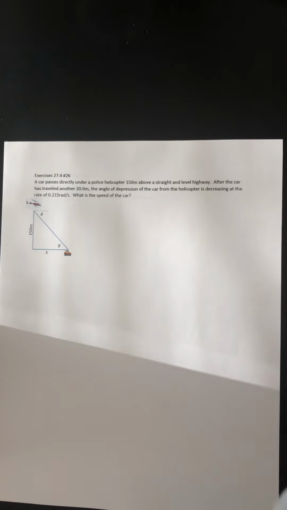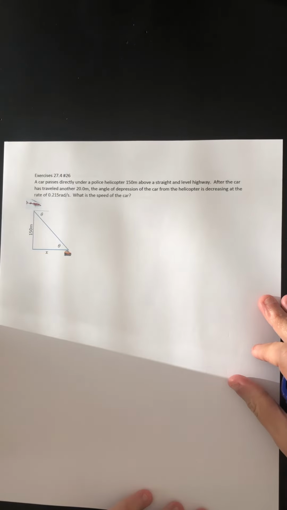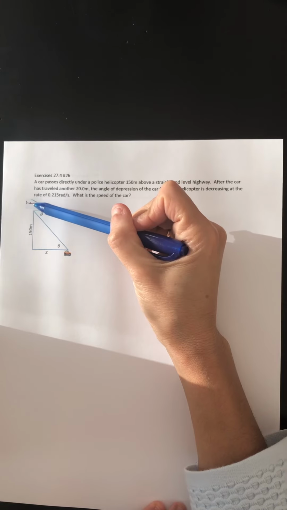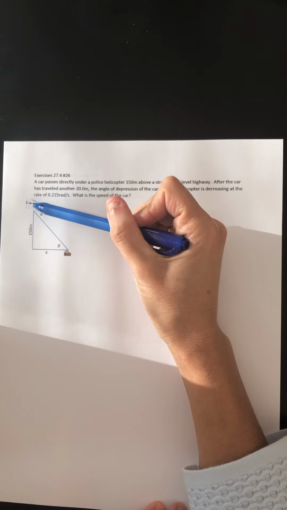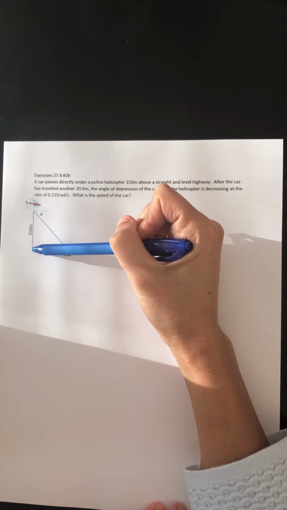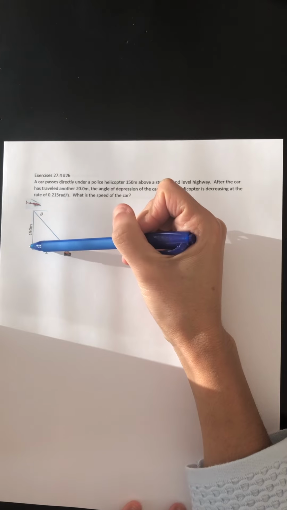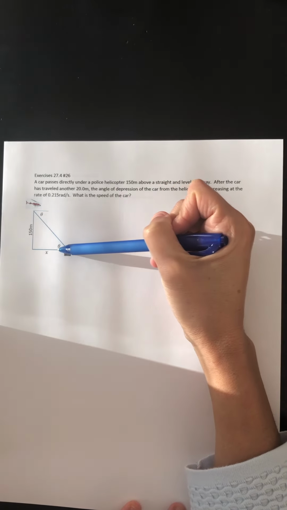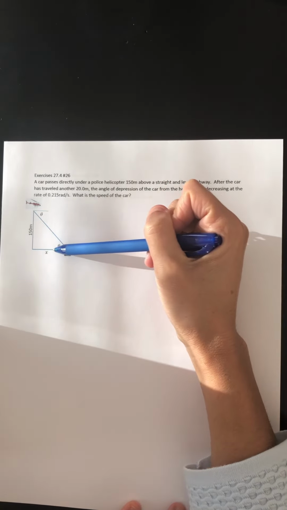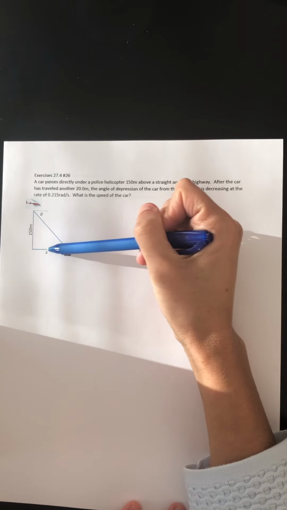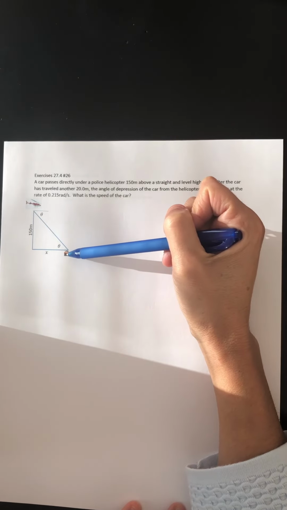Okay, so I tried to make a picture to accompany this problem. So I have the helicopter here, and at a certain instant, of course, the car is directly under that helicopter, 150 meters below it. But it is traveling in this direction. So this side length is increasing as the car travels.